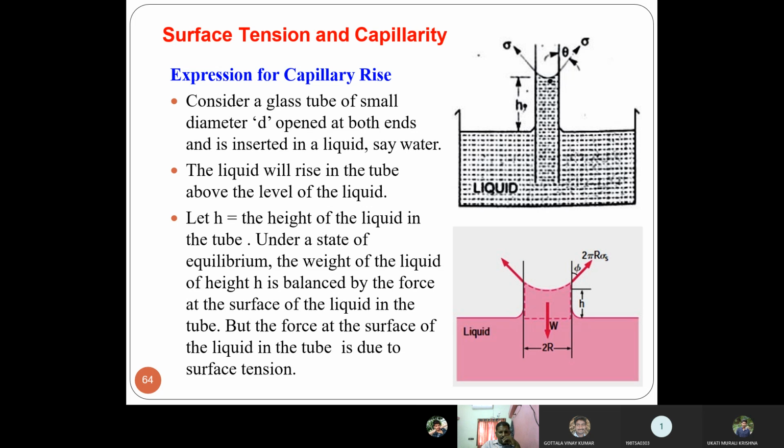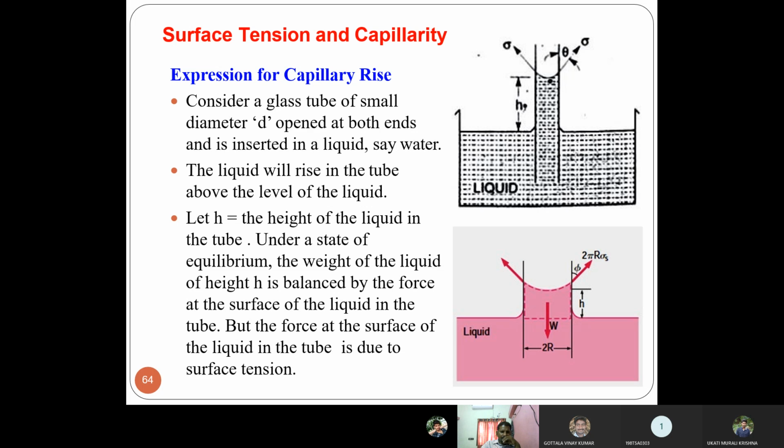The water will rise into the tube, and that water level will be higher than the surface level outside. So water is filled in the tube to this much height. H is the height of the water level in the tube from the outside surface.